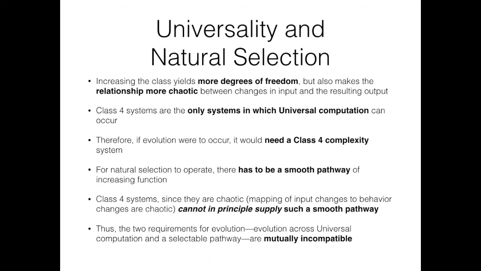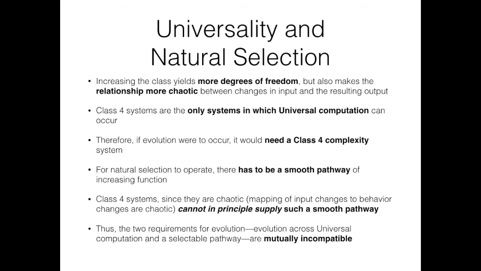We have to have class 4 systems for universal computation, and as we said earlier, evolution, since it doesn't know what sorts of environments it has to evolve to, requires universal computation. So, if evolution were to occur, it would need a class 4 complexity system for the changes in the genotype to give us the changes in the phenotype that we need.